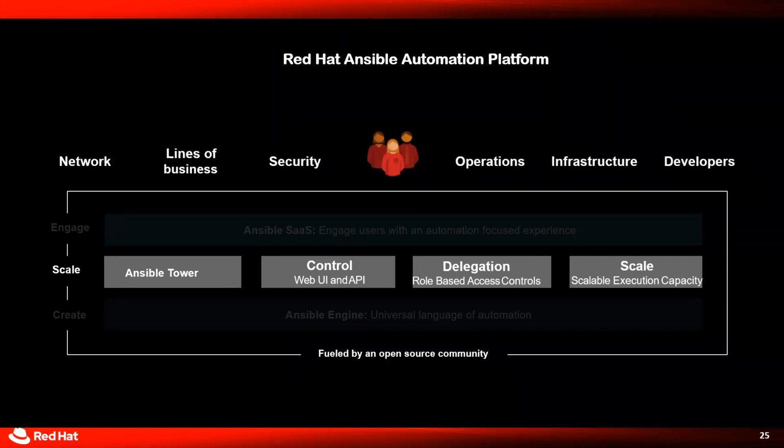Ansible Tower enhances Ansible Engine by providing control delegation and scaling features. Both Ansible Tower and Engine work hand in hand to automate your tasks. So don't think that these two will work independently. No, Ansible Tower and Ansible Engine work together to perform an activity.